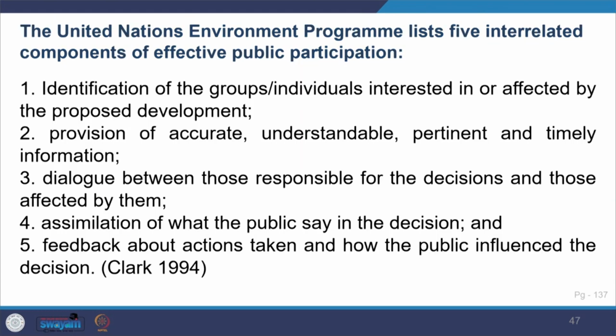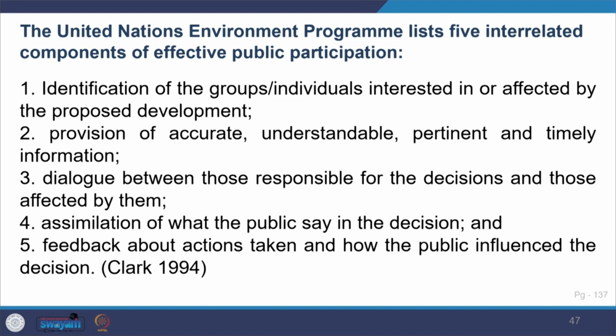So now we'll look at what are the requirements and methods for effective participation. So you see the United Nations Environment Programme, UNEP, provides 5 interrelated components of effective public participation. So you see how you can really have effective public participation. So you have identification of groups and individuals interested in or affected by the proposed developments.